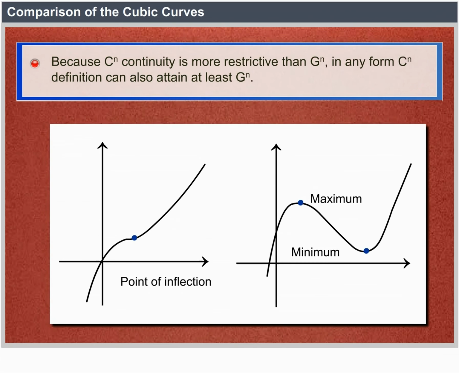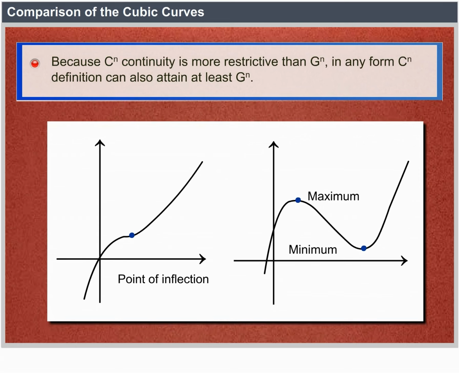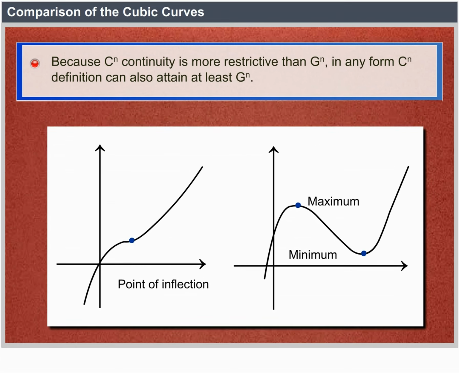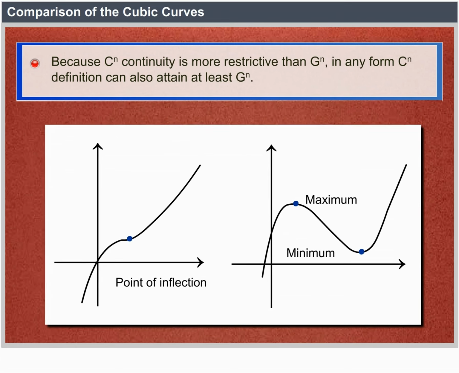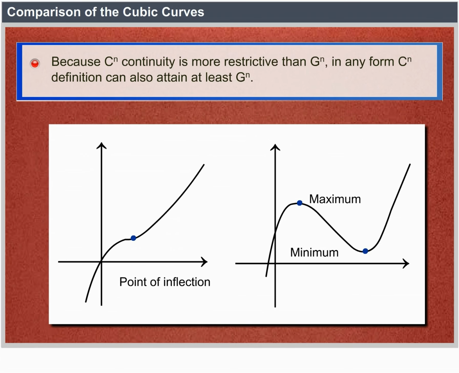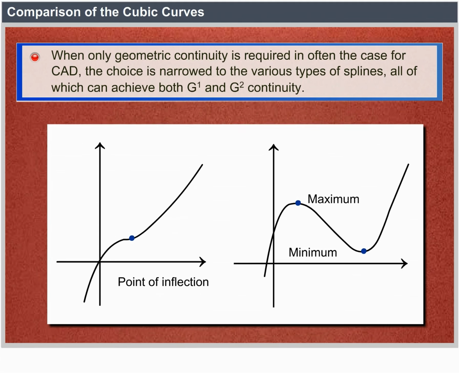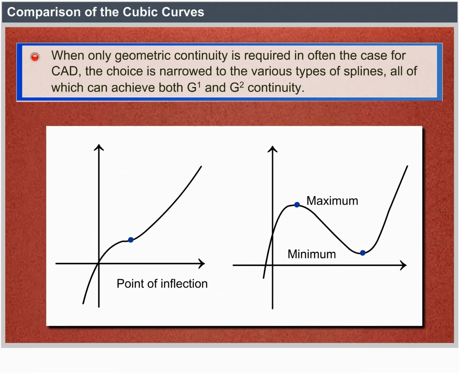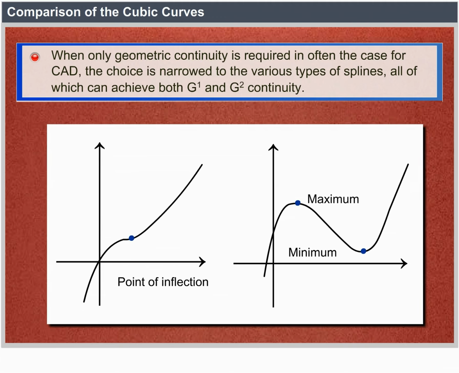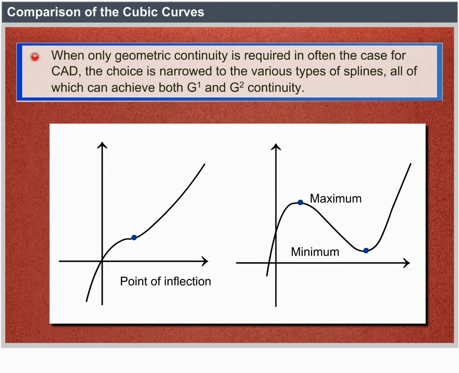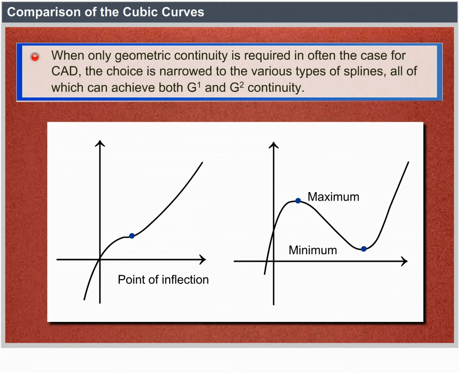Because Cn continuity is more restrictive than Gn, any form that can attain Cn can, by definition, also attain at least Gn. When only geometric continuity is required, as is often the case for CAD, the choice is narrowed to the various types of splines, all of which can achieve both G1 and G2 continuity.